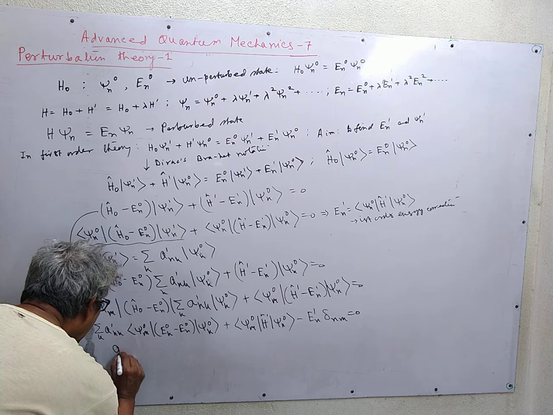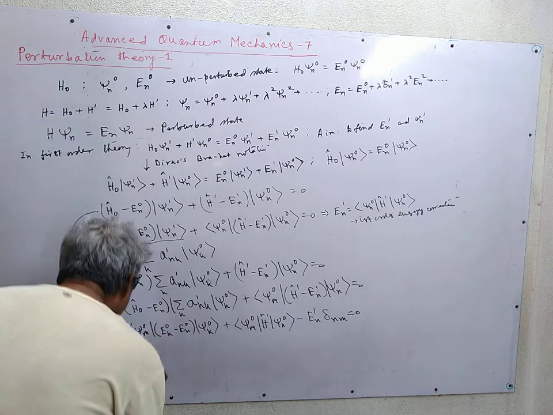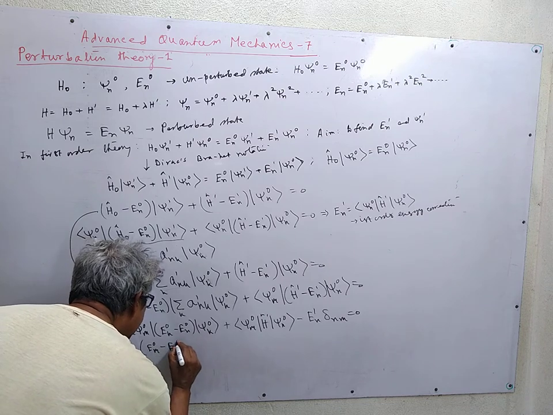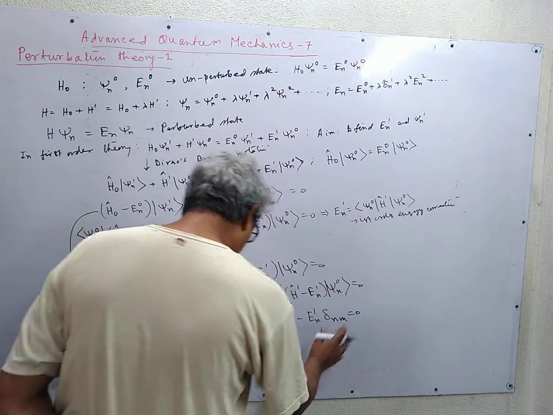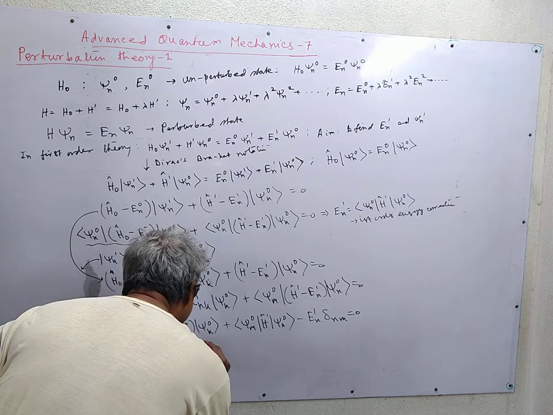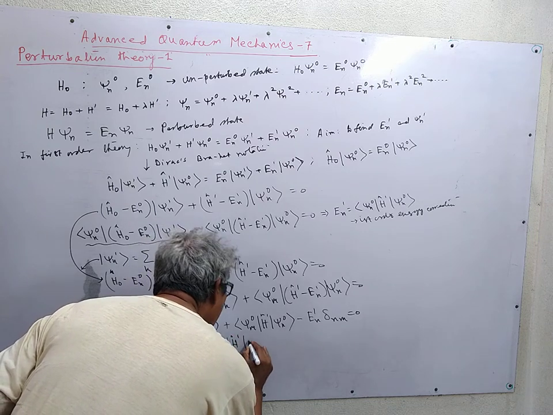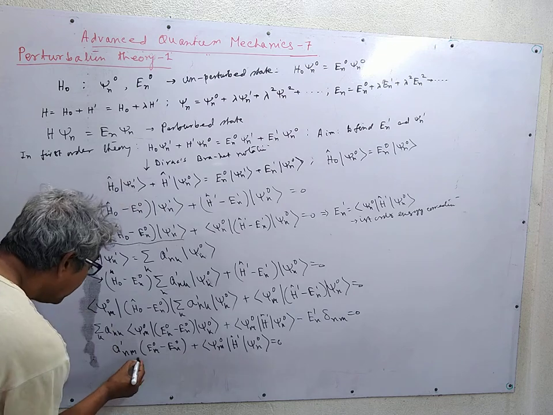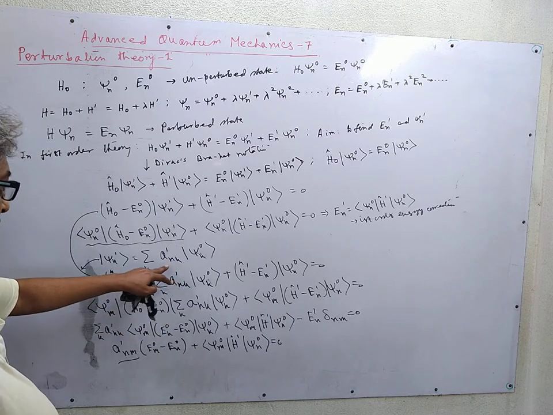So we get ANM1, then we have EM0 minus En0, and if we take M not equal to N, this term goes, plus the remaining term, which allows us to determine ANM, and when we use this value of ANM, the wave function is known.